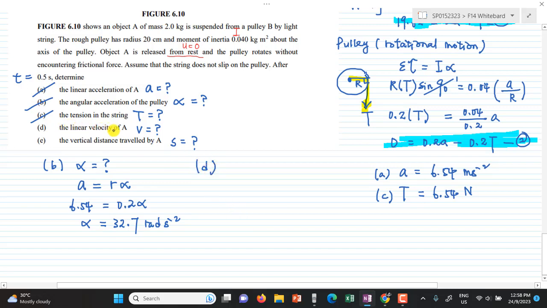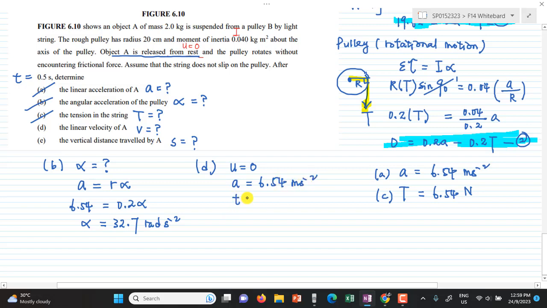Question D, the linear velocity of A. So we understood the object A is released from rest, so initial velocity is 0. The acceleration experienced by object A is already calculated from question A, 6.54 meter per second squared.